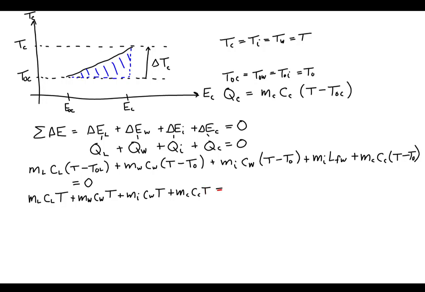Now on the right side, we have the mass of the lead, specific heat of the lead, initial temperature of the lead, plus the mass of the water, specific heat of the water, initial temperature of the water, plus the mass of the ice, specific heat of water, initial temperature of the ice, plus mass of the calorimeter, specific heat of the calorimeter, initial temperature of the calorimeter, minus the mass of the ice, latent heat of fusion of water.